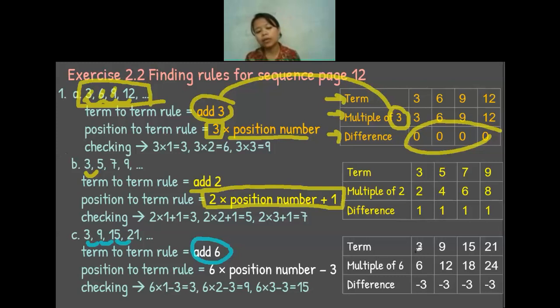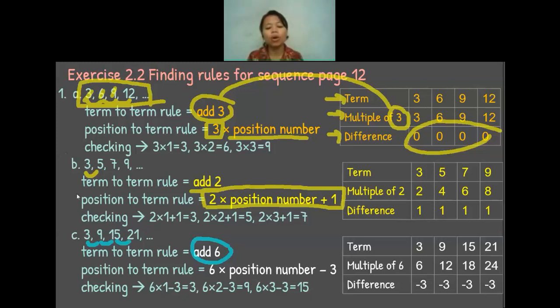So the terms are 3, 9, 15, 21. Multiple of 6 are 6, 12, 18, 24. And then we need to find the difference. 3 minus 6 is negative 3, 9 minus 12 is negative 3, 15 minus 18 is negative 3, 21 minus 24 is negative 3. So all the differences are negative 3.